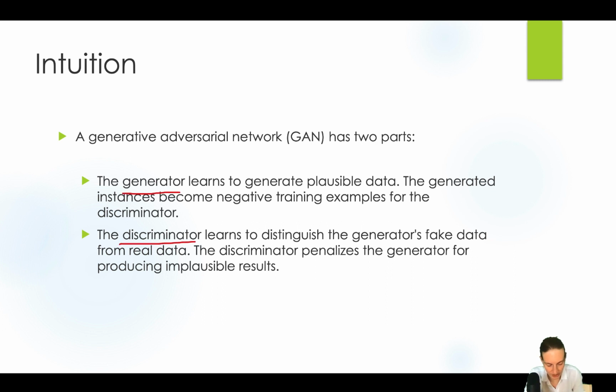There's a generator and the discriminator. This just summarizes what I just said. So again, we have this sort of positive and negative training example thing come back, whereby our generated images are the negative training examples, and the discriminator tries to distinguish between these negative examples and the positive examples, meaning the actual images from the dataset.